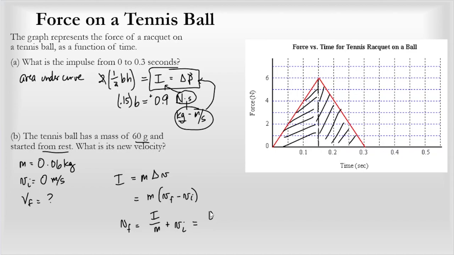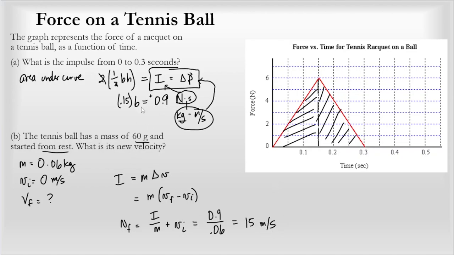The impulse I calculated is 0.9 over the mass, which is 0.06. And then I'm going to add on the initial velocity, which we know is 0. And when you divide by a fraction, we're going to get a larger number than the numerator. So 15 meters per second.